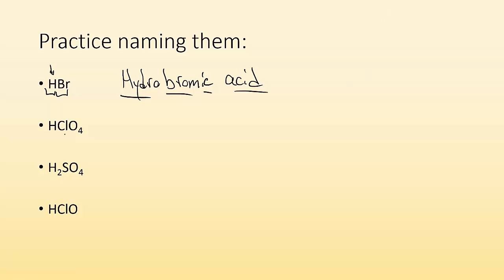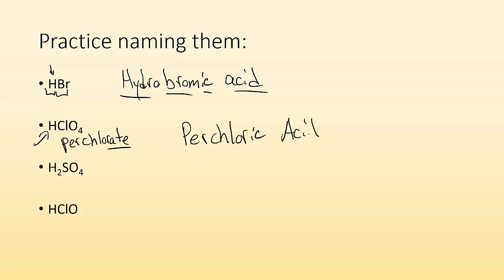Next, ClO4 is perchlorate. What do I do with the ate ending if it's an acid because it's got that hydrogen first? I change the ate to ic, so it's going to be perchloric acid.